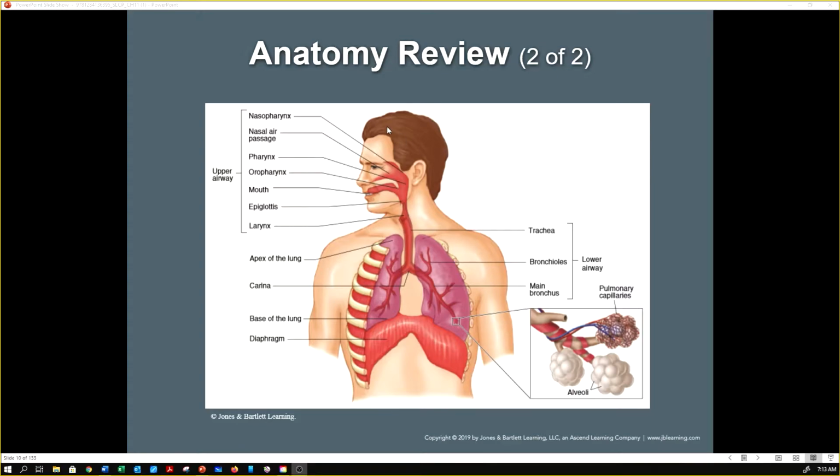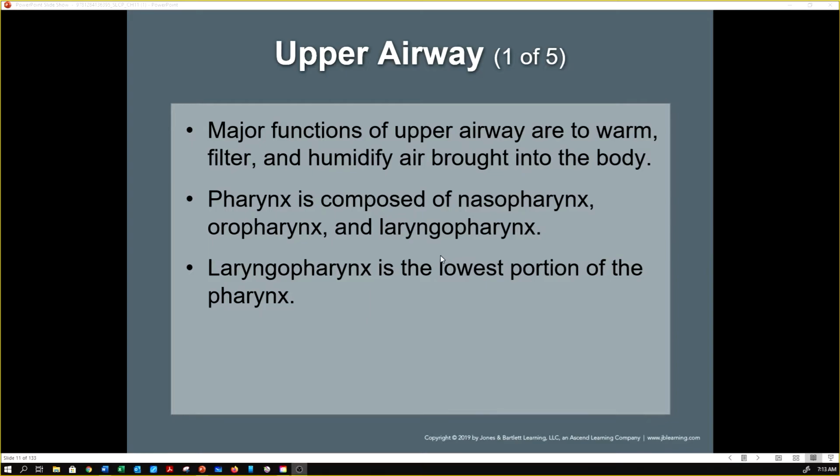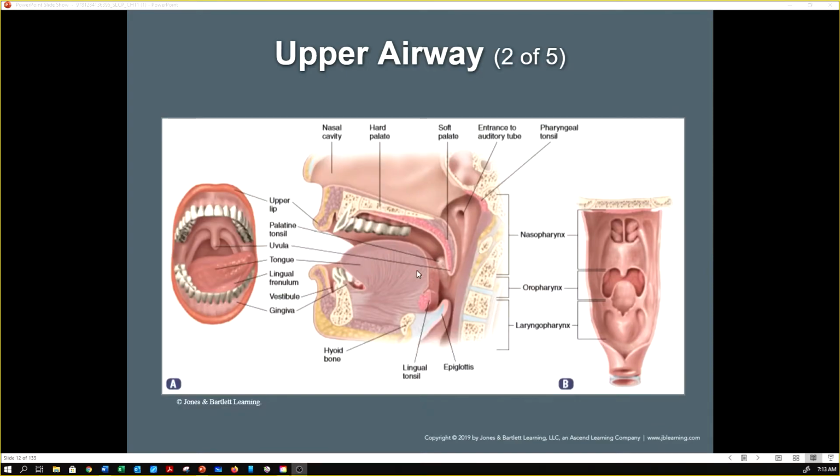The respiratory center of the brain up here sends that message to the diaphragm to contract. All right. And so there's the hyoid bone. We mentioned all of this a minute ago.